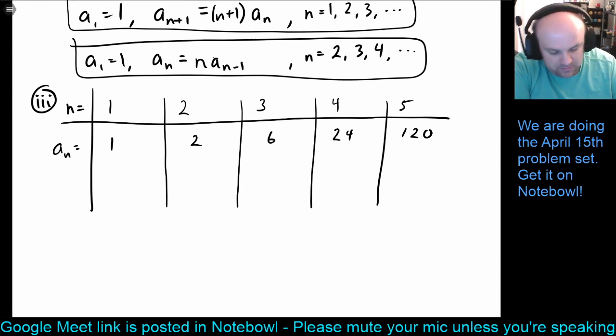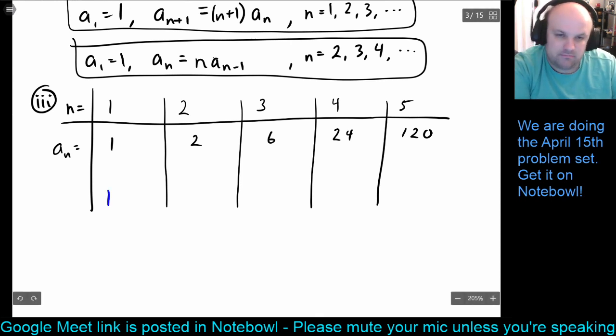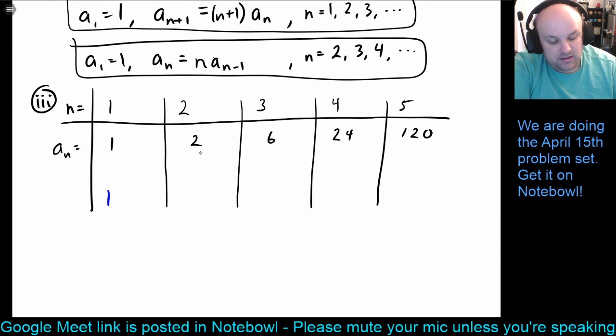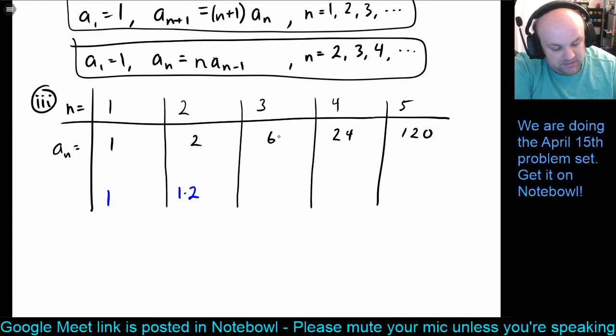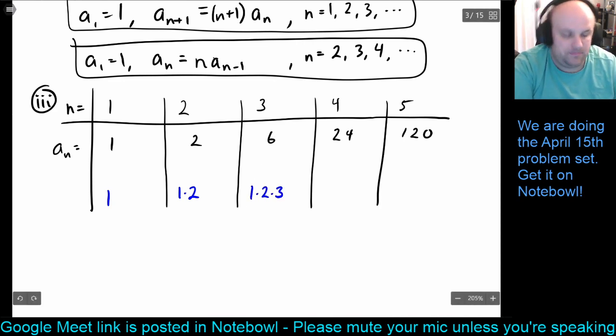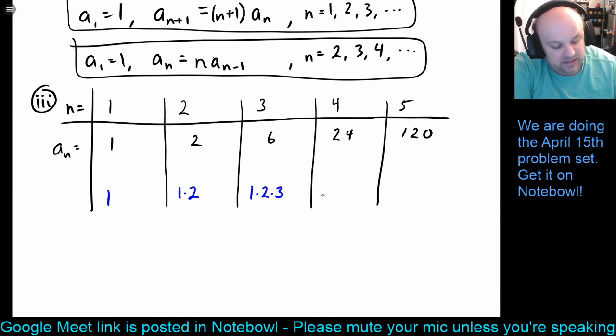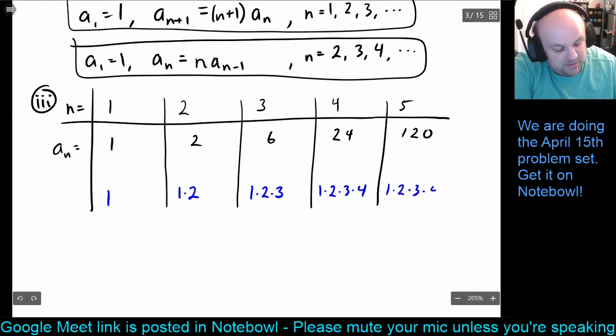So here, this is just 1. That's all we start with. To get from here to here, I multiplied by 2. To get from here to here, I multiplied by 3. Going from here to here, we multiplied by 4. And here to here, we multiply that by 5.